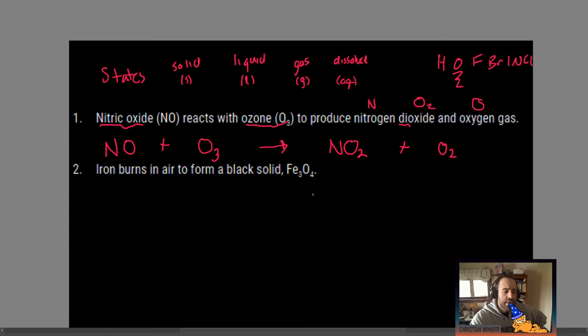Now, we do need to put the states of matter here. We are told that oxygen's a gas, so I'll go ahead and put oxygen here as a gas. The NO2 is implied to be a gas as well. I will not make you memorize what states of matter most things are. I'll usually give you enough information to figure it out for yourself, or there'll be quite a bit of leeway.